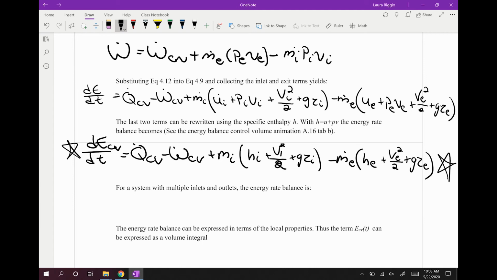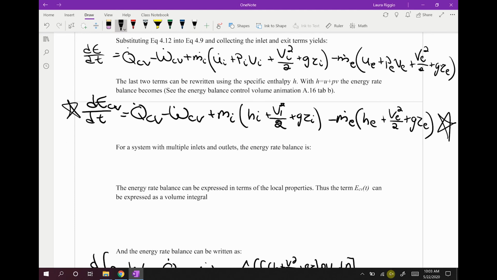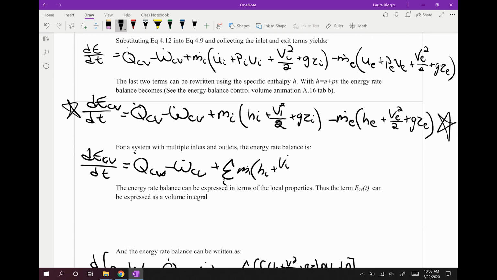If a system has multiple inlets and outlets, our rate of energy change for our control volume is still going to be our heat minus our work, but it's going to be the sum of what goes in minus the sum of what goes out.